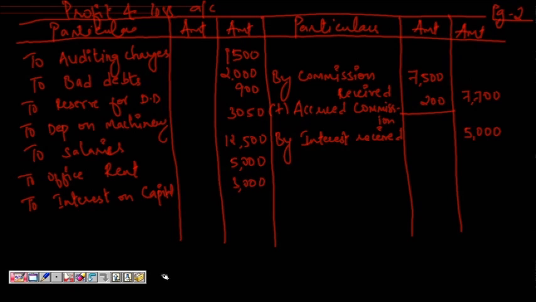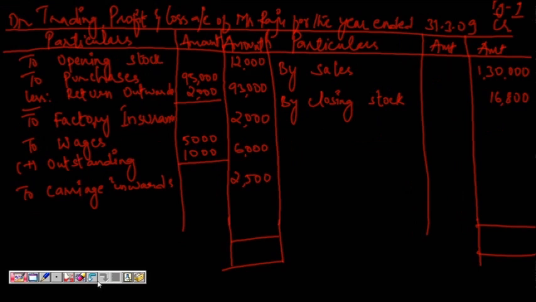Okay, now after the problem is done, come back to the trading account and check whether your debit side total or credit side total is more. See, your credit side total is more, that is 1,46,800. So write the same total on both sides, 1,46,800. Then add all your debit expenses. That is coming up to 1,15,500.